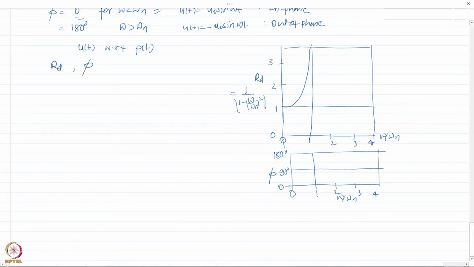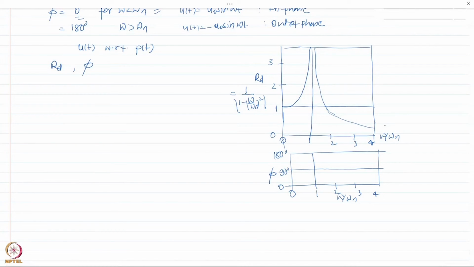And in the second case, as you increase the value of omega by omega n, it starts from here, at omega by omega n equal to 1 approaching infinity, and then it would decrease, at some point cross the x-axis, and then go to 0 for a very large value of omega by omega n.